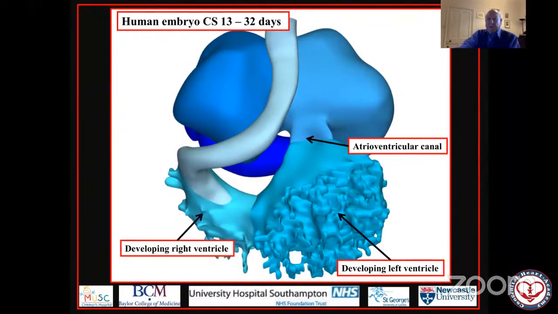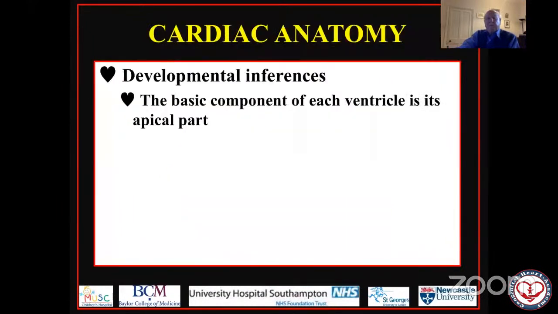We can see the beginnings of the developing right ventricle, and the developing right ventricle is supporting the entirety of the outflow tract.